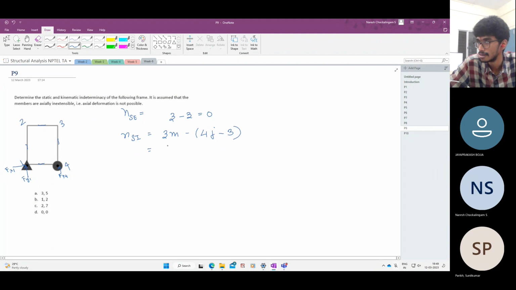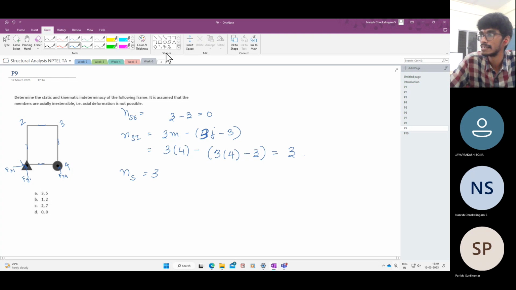So there are how many members? 4 members. So 3 into 4 is 12 minus 3j. So 3 into how many joints do we have? There are 4 joints. 12 minus 3 gives 3. So the degree of static indeterminacy is 3 plus 0.